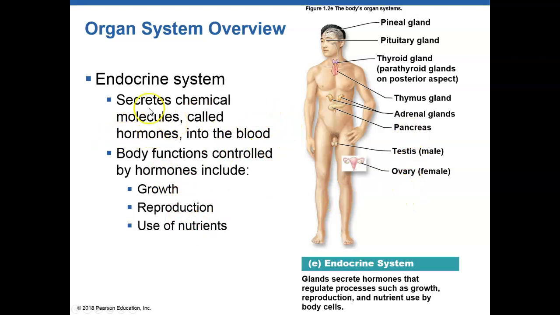It's a slower-acting control system. They secrete chemical messages called hormones into the blood, but the response is a lot longer lived than your nervous system. So the endocrine system helps to determine growth, reproduction, as well as metabolism of the body as a whole.